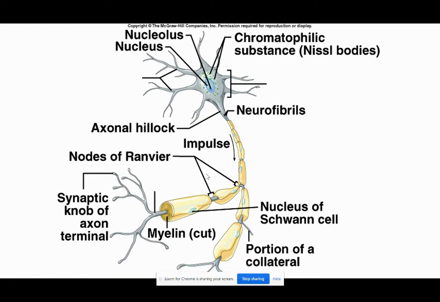Okay, so what kind of neuron is this? Is it a sensory neuron or a motor neuron? If you guess motor neuron, then you are correct. And this one has more detail than what's required, right? Like neurofibrils, axon hillock, these aren't curricular.